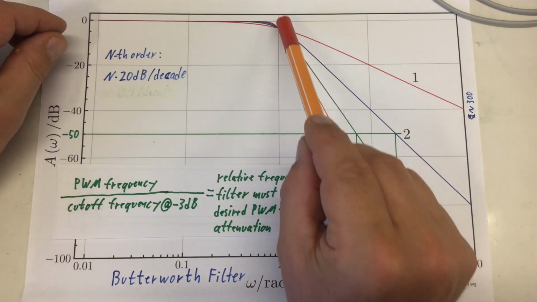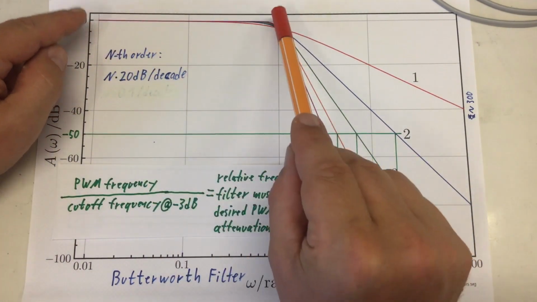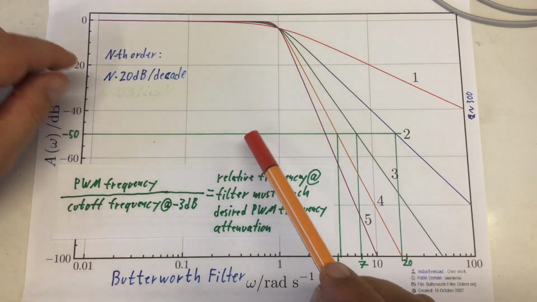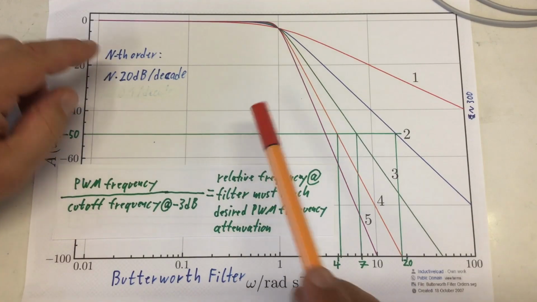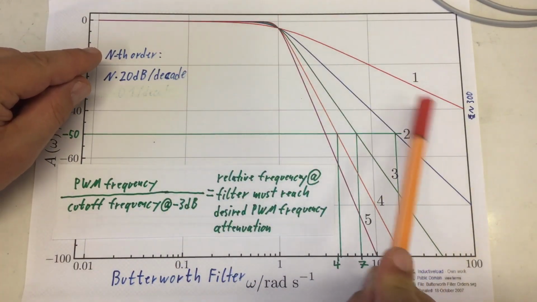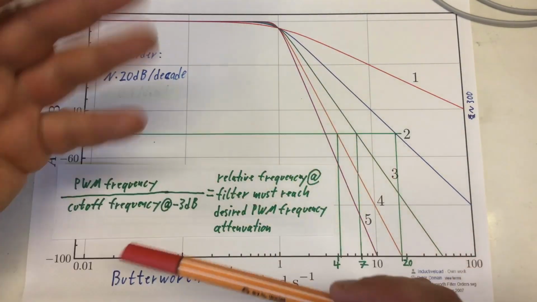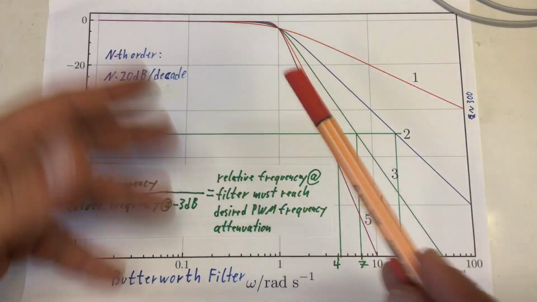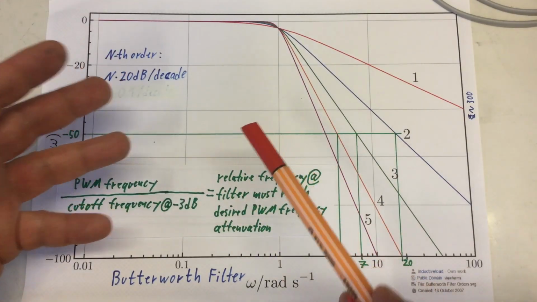If you're fine with the 3 dB attenuation at the end of your analog bandwidth, like most oscilloscope vendors are, there is a straightforward way to choose the order of filter you need for your application. You don't have to go through that whole trial and error process, which I admittedly dragged out a little bit.